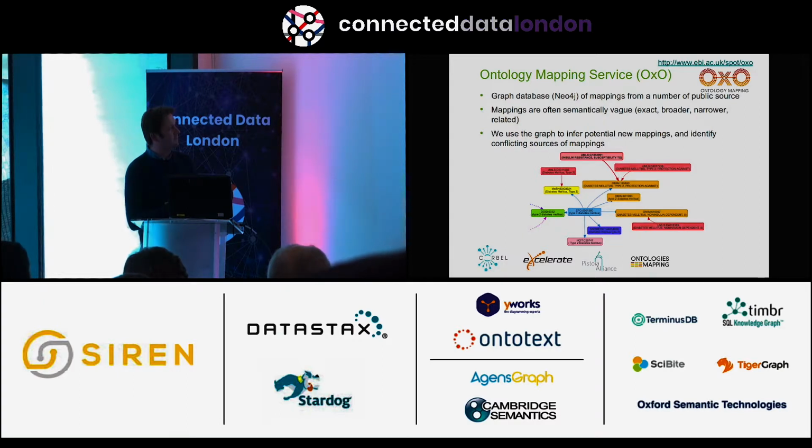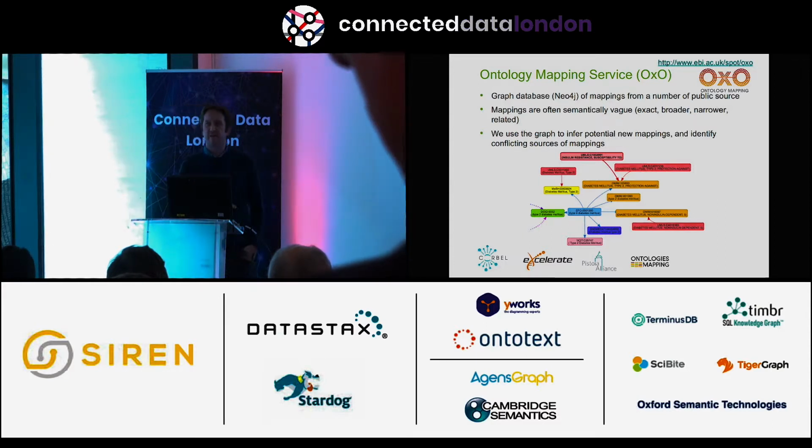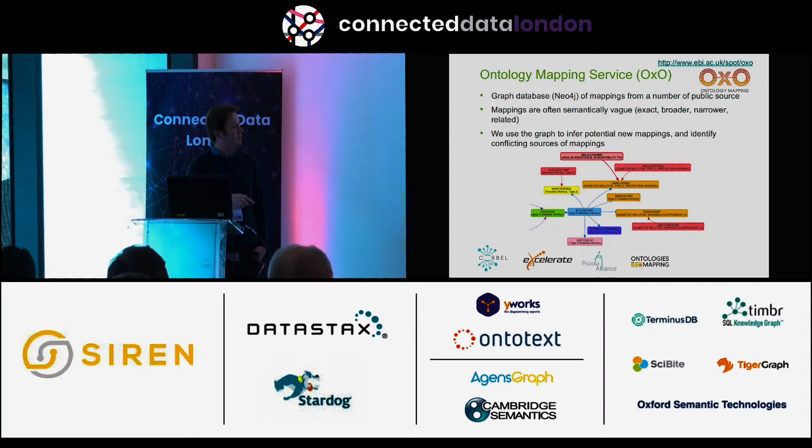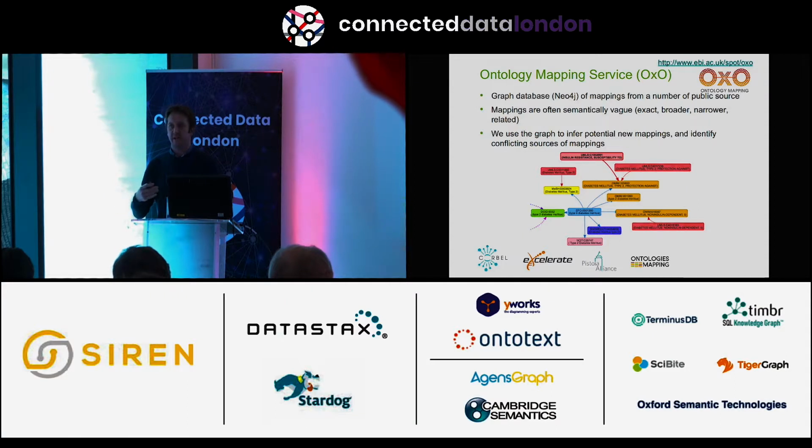You'll see the different colors indicate a different vocabulary. And these are all concepts related to type 2 diabetes, but some of them come from MeSH, this is from the Human Disease Ontology, this is from the NCIT ontology. And what we found is that by putting all the mappings that we can find together into a big graph, we can start to poke this graph and produce confidence scores on how confident we are that a particular mapping is true, whether it's likely to be exact or whether these are broader mappings.